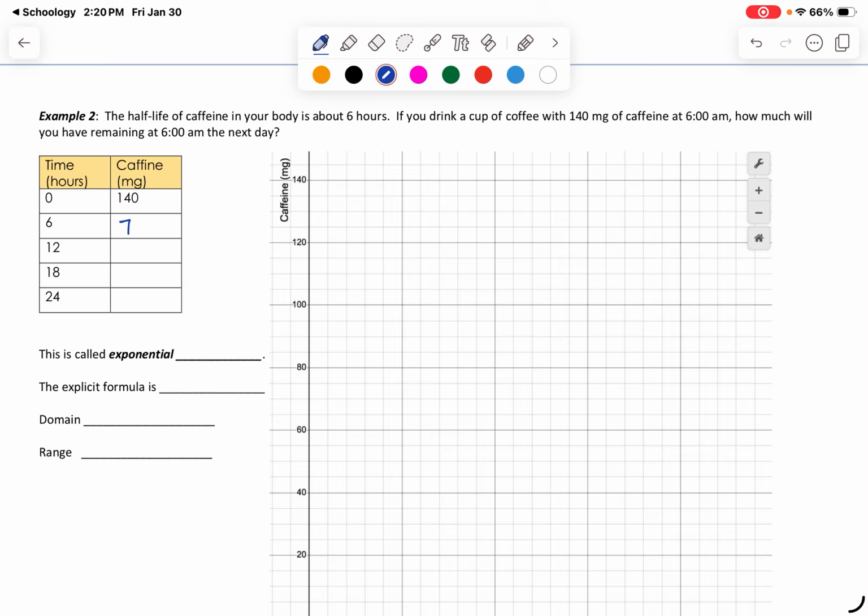Half of 140 is 70. Continue that. 6 hours later, half of that's 35. 6 hours later, half of that is 17.5 milligrams, and then half of that is 8.75. This is called exponential decay, because we're multiplying by half. Explicit formula, y equals our initial amount, 140, times 1/2 to the x power.